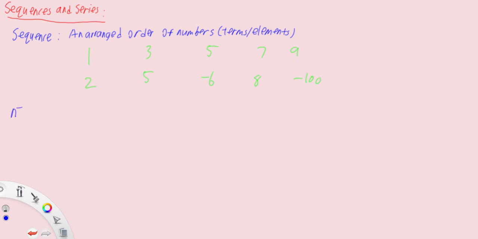So we're able to assign the nth term, or we're able to find the nth term. Let's say you look at these two examples. The first term is either 1 or 2. This could be the first term, this could be the second term, and so on and so forth. However, we are also able to express the nth term more mathematically with u subscript n.